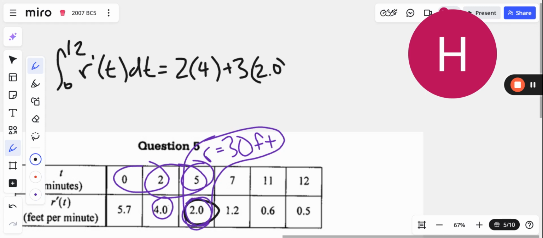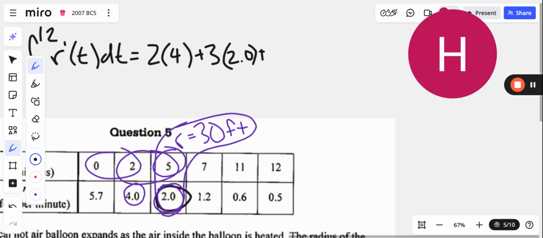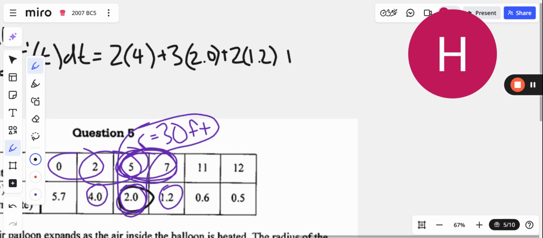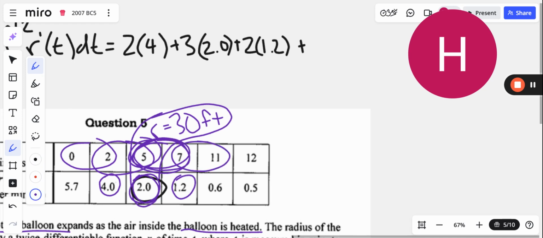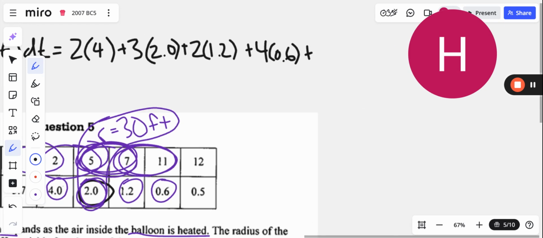Then the next rectangle has a width of 2 and a height of 1.2. Then the fourth rectangle has a width of 4, from 7 to 11, and a height of 0.6. And lastly, the fifth rectangle has a width of 1 and a height of 0.5.